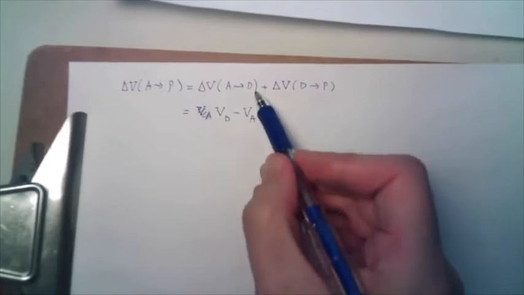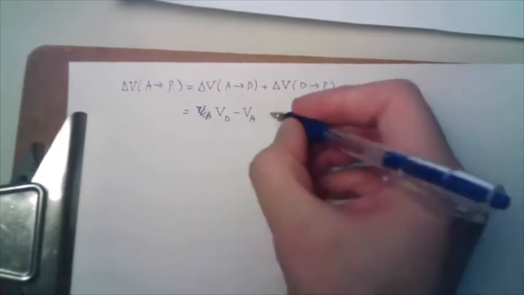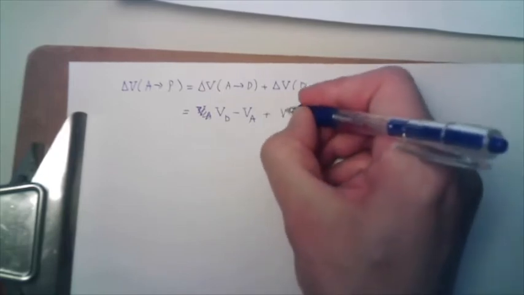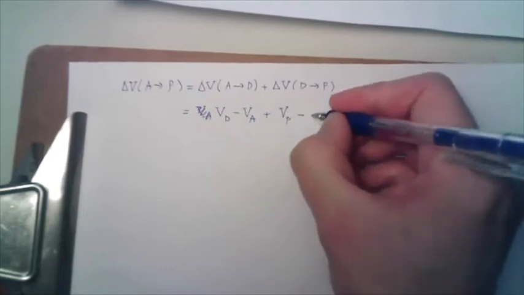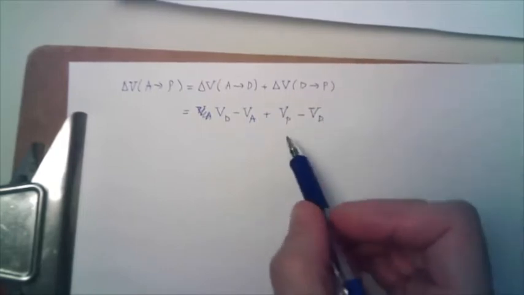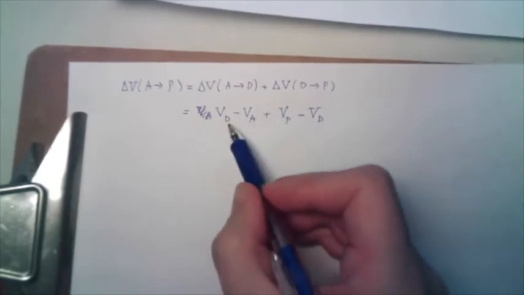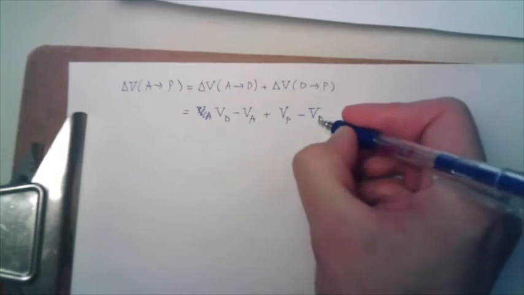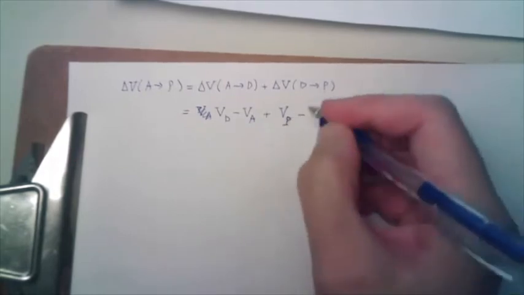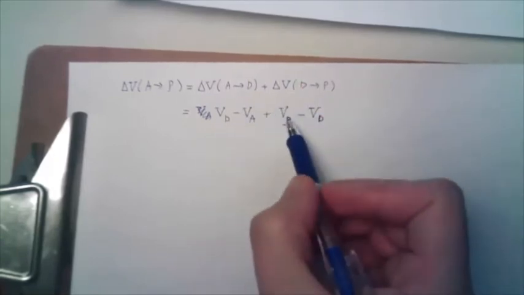So if you go from A to D, you need to take the potential at D and then subtract the potential at point A. Same thing here, from D to P, that means you take the potential at point P and you subtract the potential at point D. And now you see, I'm sorry, my D's and my P's are looking very similar. Now it looks like a Q. Anyway, so the D, A, P, D, okay.